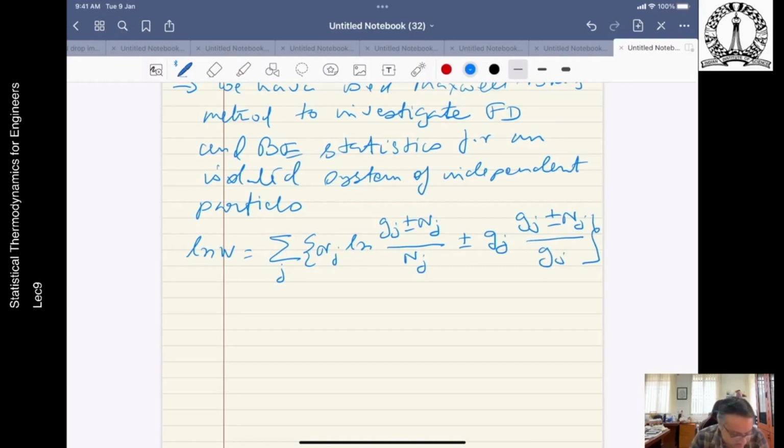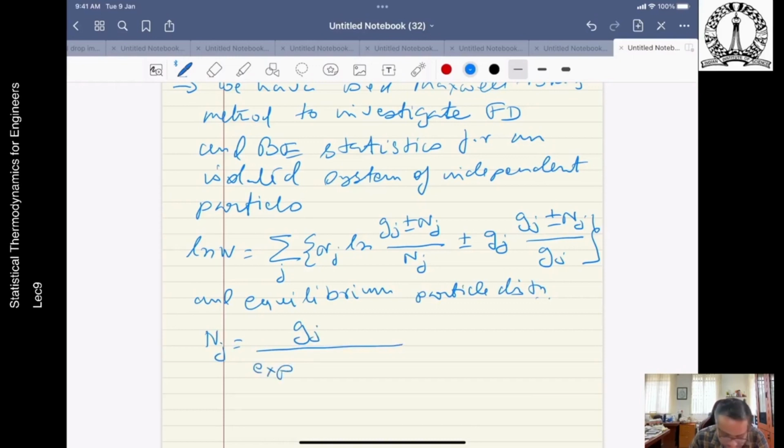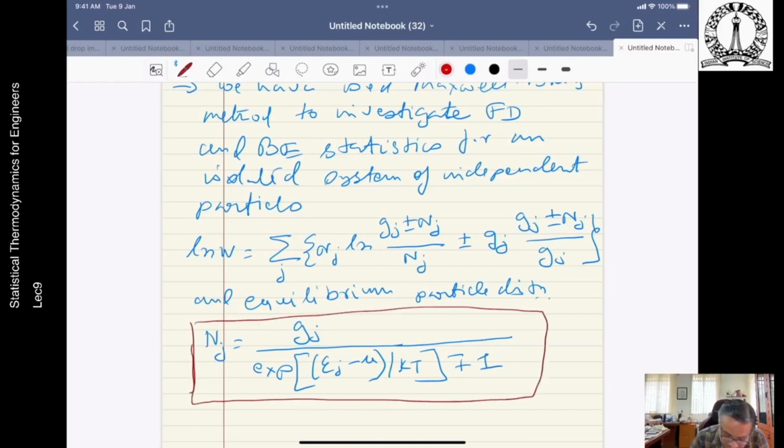All right, and the equilibrium particle distribution, which is also written as Nj is equal to Gj divided by e raised to Ej minus mu by kT, plus or minus 1.